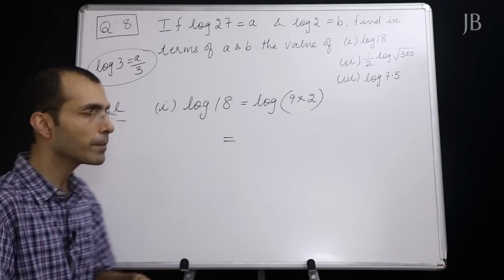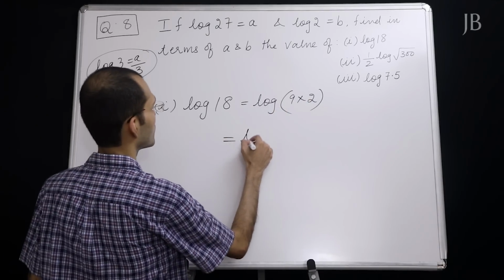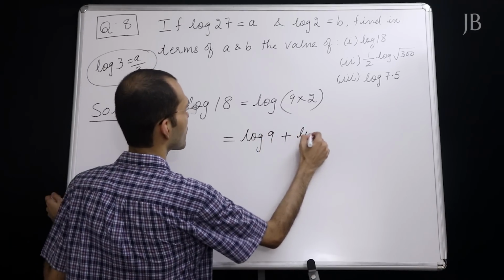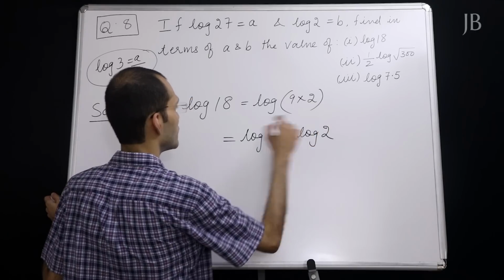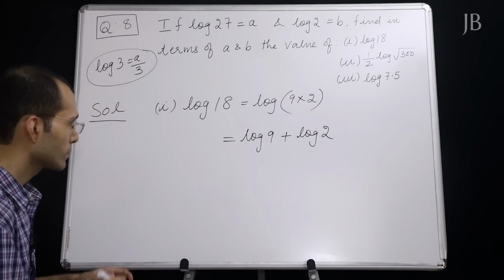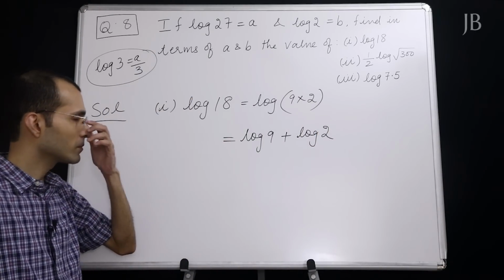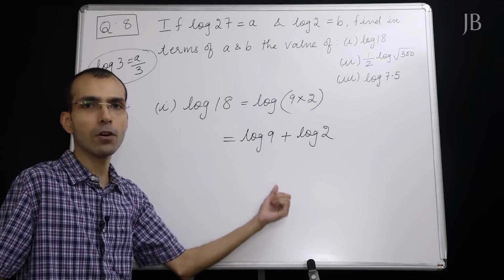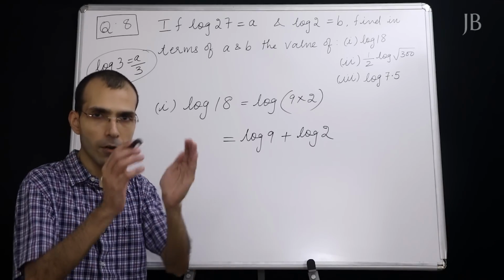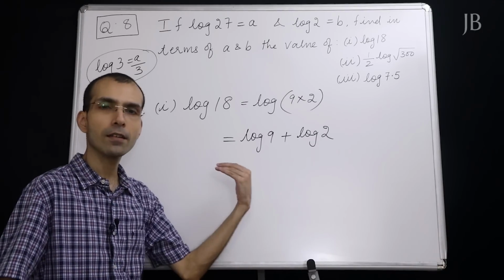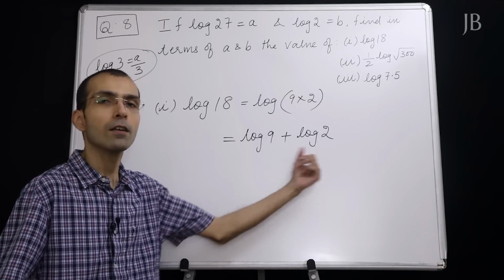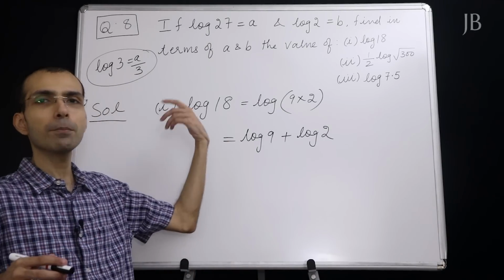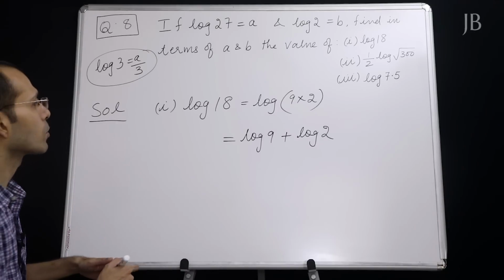So this is log of ab, so this will be log 9 plus log 2. What is the law? Log A plus log B is log of AB. So we can think in reverse: log AB will be log A plus log B. We have used this reverse concept a couple of times in the previous sums if you just have a look.